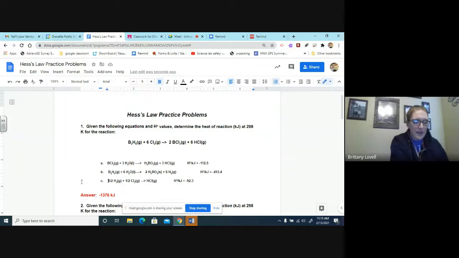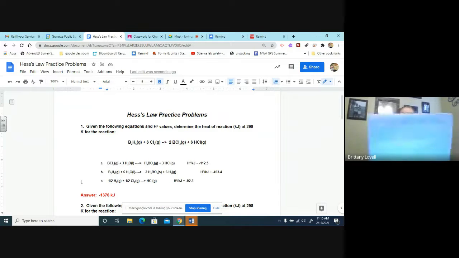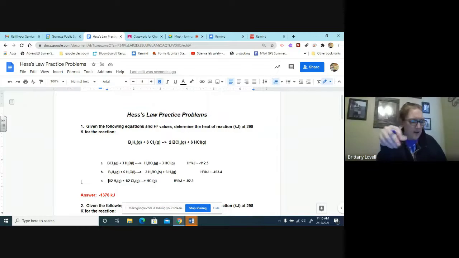And I'm going to go ahead and write down my enthalpy too over here to the side, and it's a negative 112.5. So I've got that written down like that. I don't know if you guys can see that. But now I want it to be 6 HCl's. So on that equation A, I'm going to have to multiply everything by 2 because I want to have 6 HCl's.